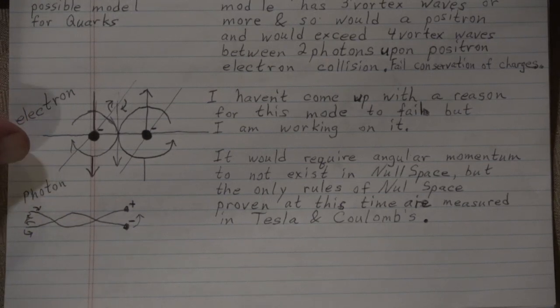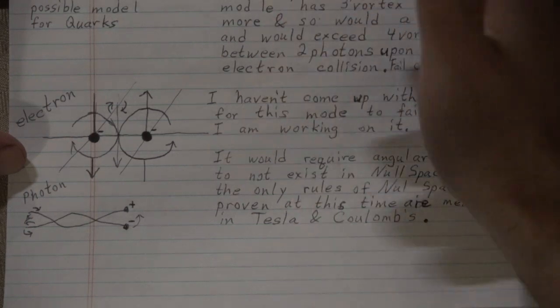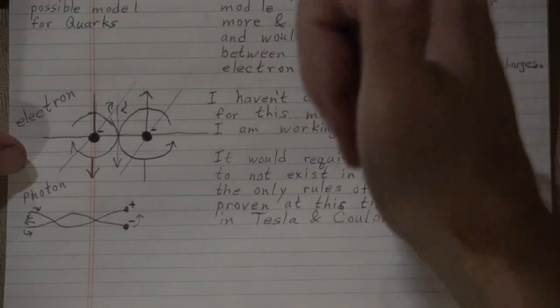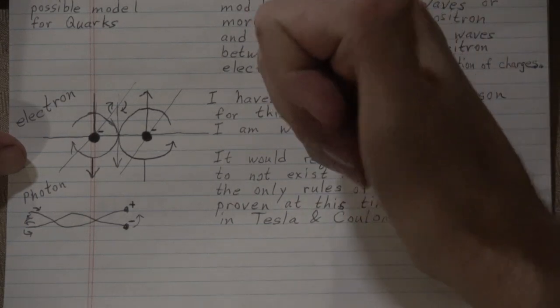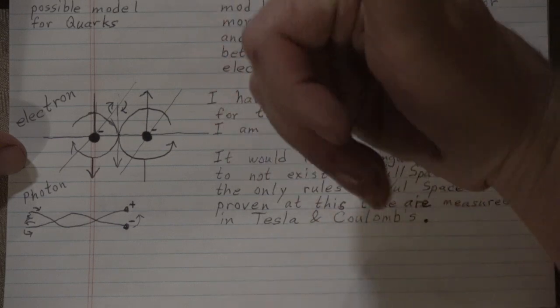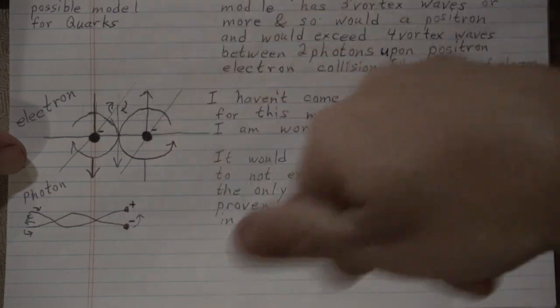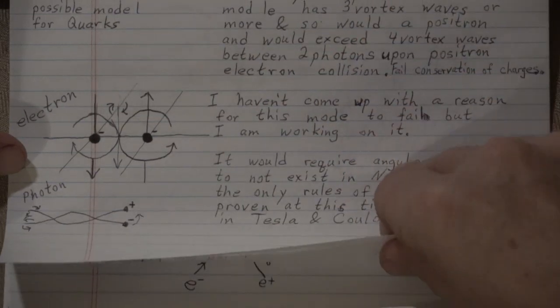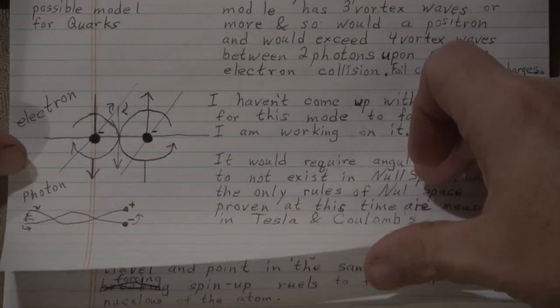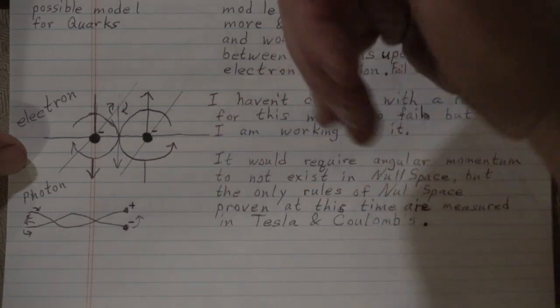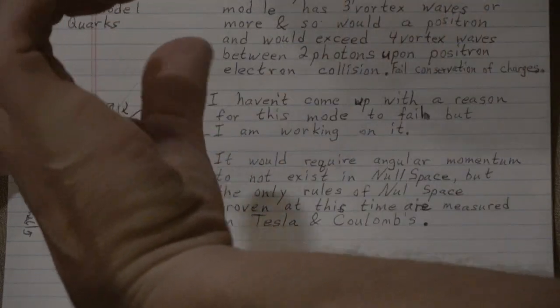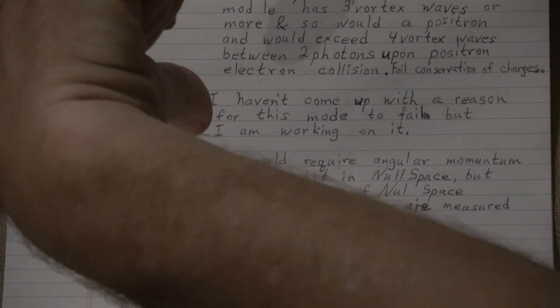Modeling two negatives, two right hands for the negative, and right hand rule, the direction of going is where the thumb's going and the fingers go in the curl of the vortex wave. So on this one here, I'm taking two vortex waves, putting one this way, putting another one this way with the thumb going down into the page.